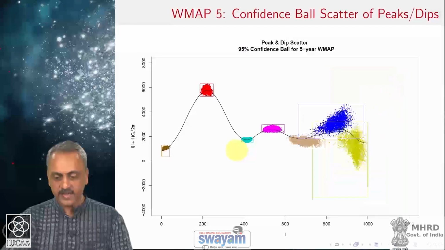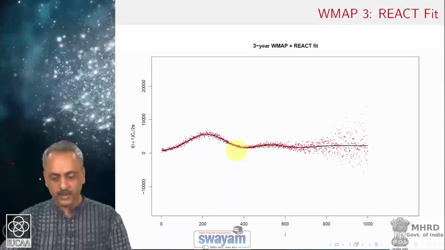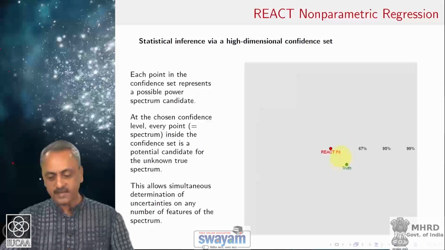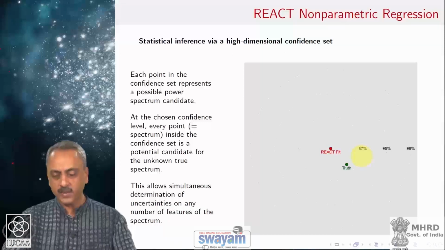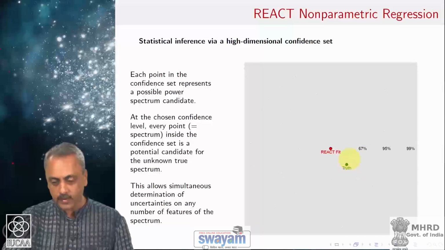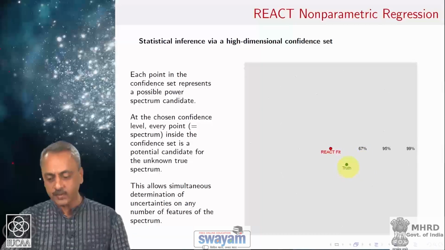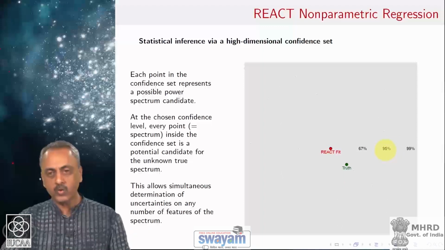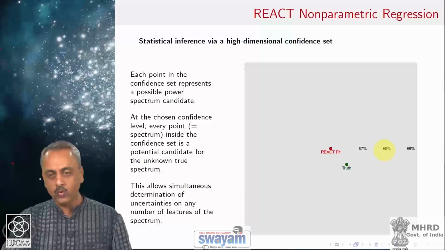Extending the logic of the confidence set, the formal guarantee says that if you are working at 67%, the probability of finding the unknown truth inside the confidence set is 67%, or working at 95%, the probability of finding the unknown truth, which is the true power spectrum, which we assume we do not know, is 95%.